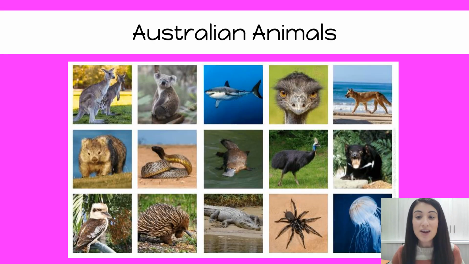Today, I did say we would be focusing on a new information report, and what you're going to be doing is writing your own information report now about an Australian animal of your choice. So last week, we all wrote an information report all together about lions.